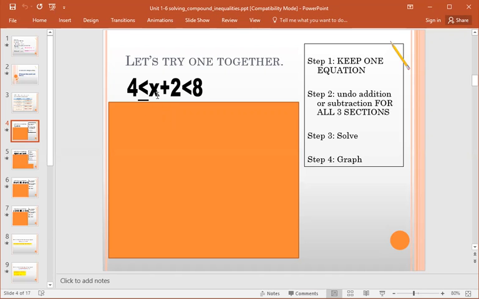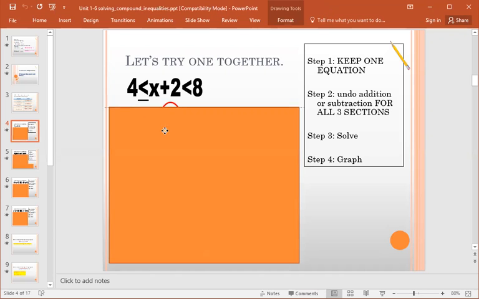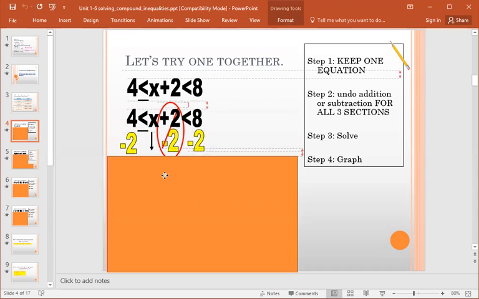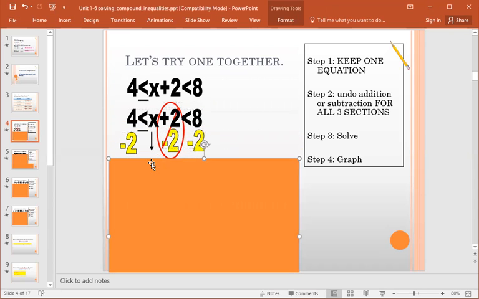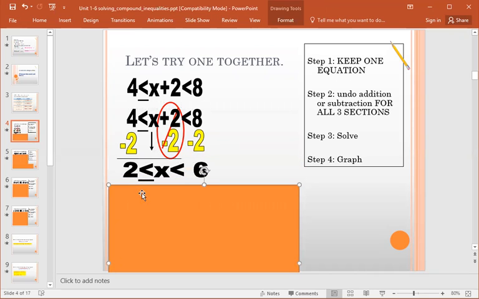Okay, I want to get x by itself, so that means I would need to subtract 2. Because there are 3 distinct areas, I have to subtract 2 from all 3 sections. And when I do that, 4 minus 2 is 2. The less than or equal comes down, the x comes down, and 8 minus 2 is 6.